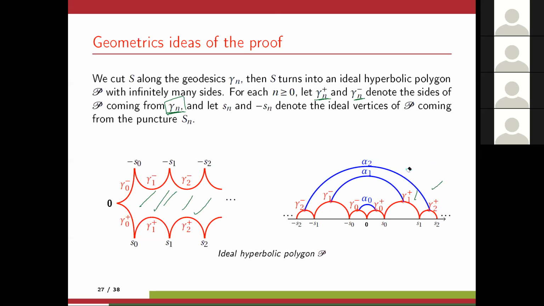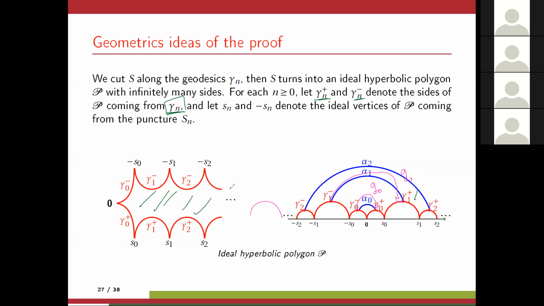In this way, gamma 0 plus and gamma 0 negative are identified using a Mobius map called G0. Gamma 1 negative and gamma 1 positive are identified using a Mobius map called G1.